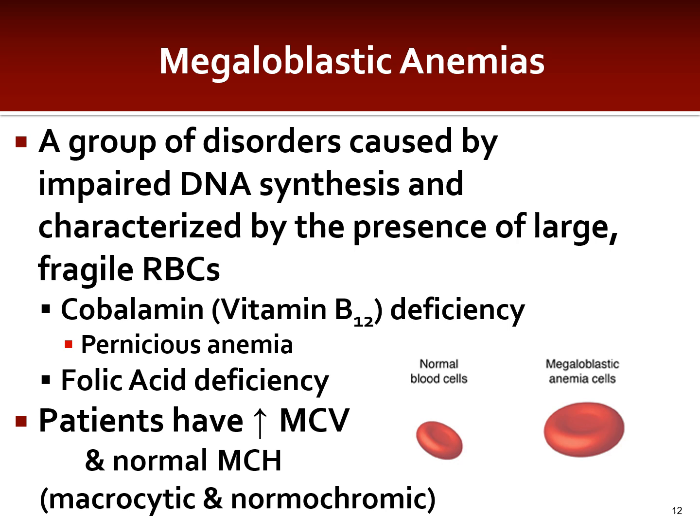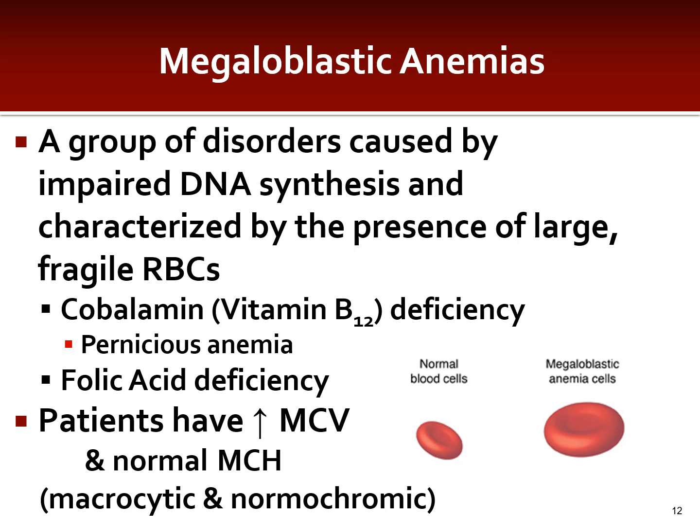Megaloblastic anemia is caused by impaired DNA synthesis. This is where you're going to see a large presence of large, fragile RBCs. Like I said, the shape of the cell is going to determine the cause, and the type.